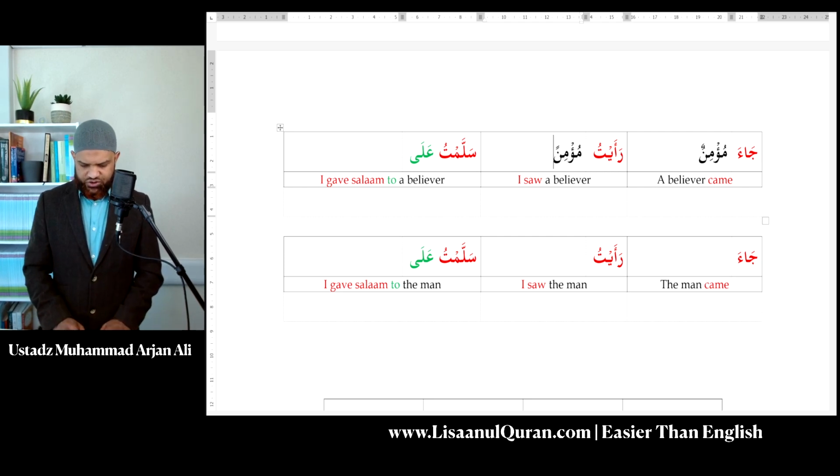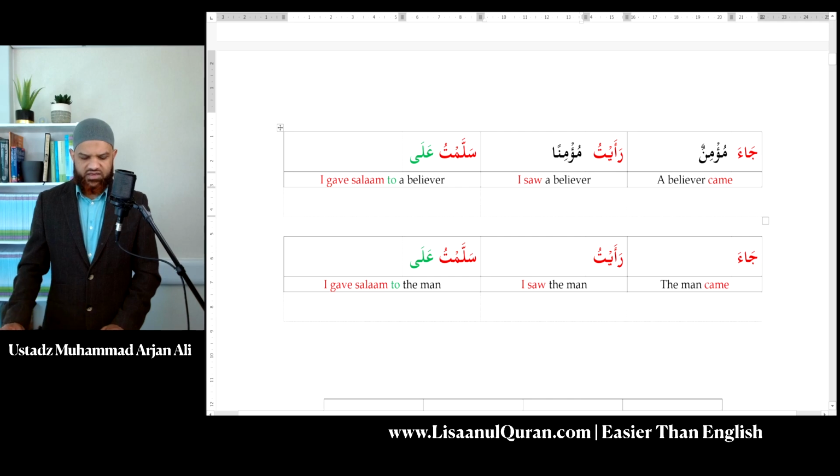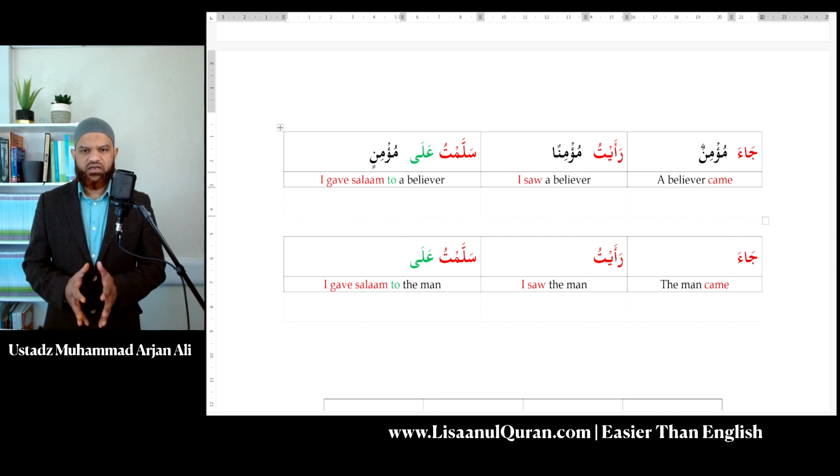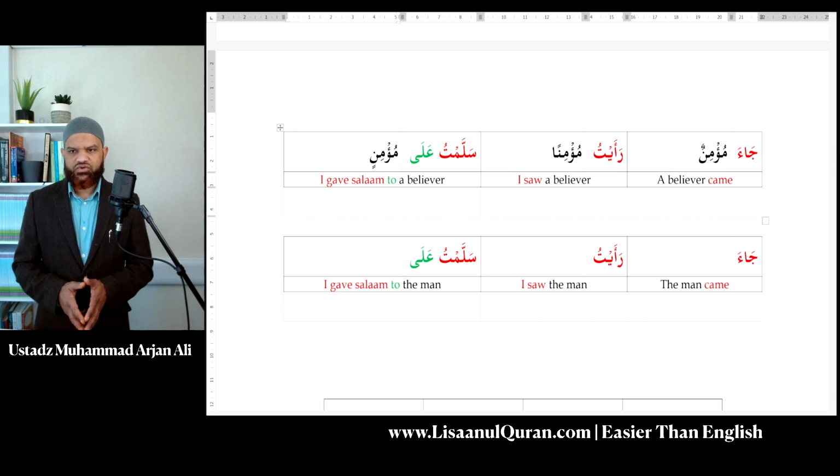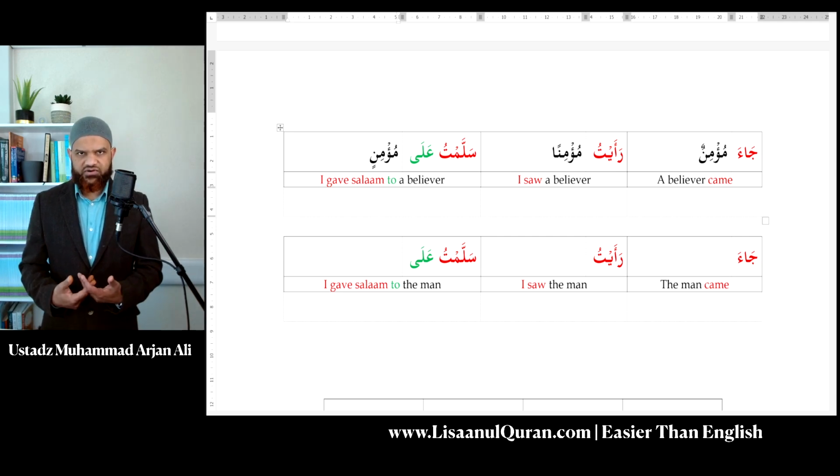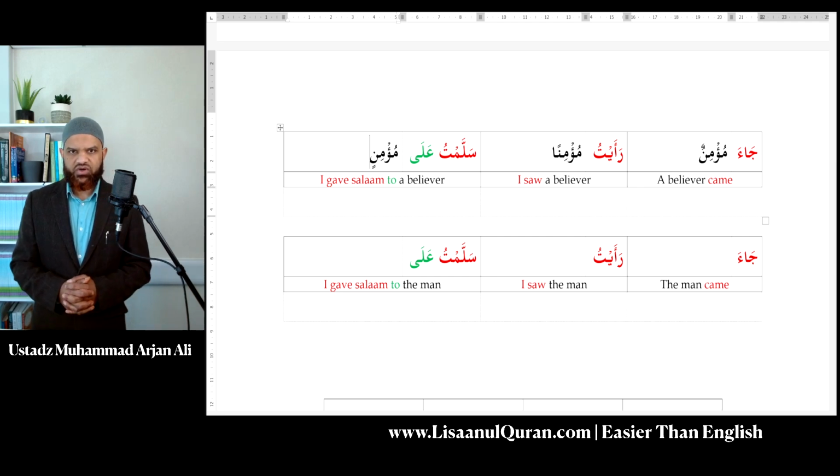So if it's the object, it should be mu'minan. And I gave salam to a believer will be salamtu ala mu'minin. So ja'a mu'minun, a believer came. Ra'aytu mu'minan, I saw a believer. Salamtu ala mu'minin, I gave salam to a believer.